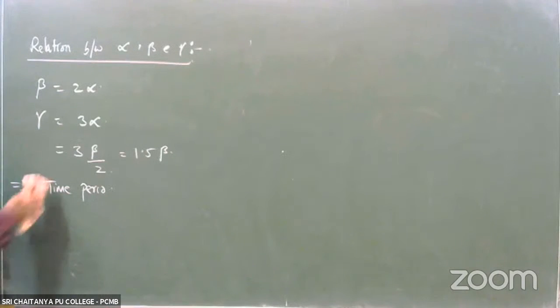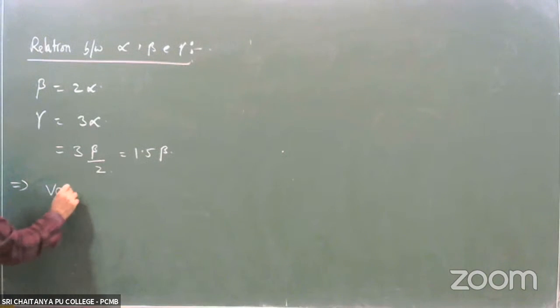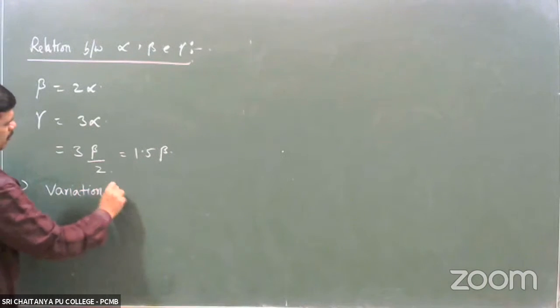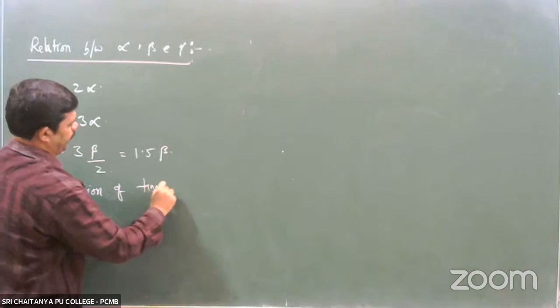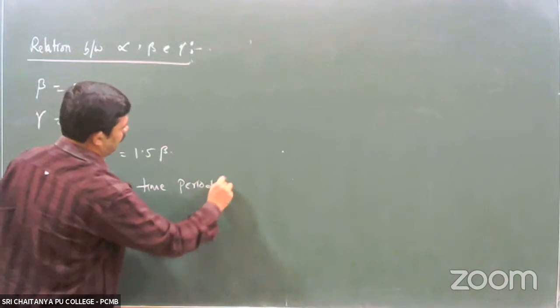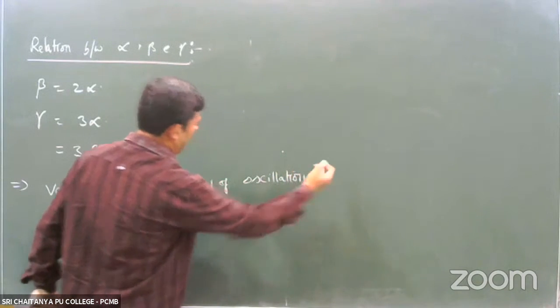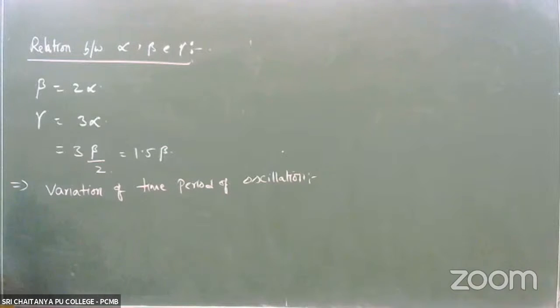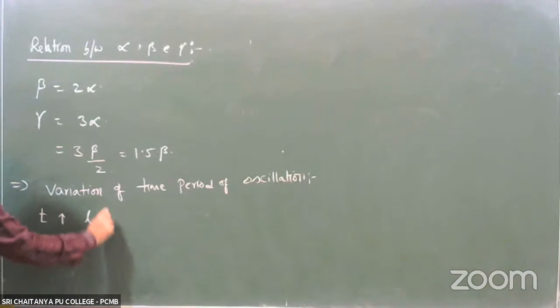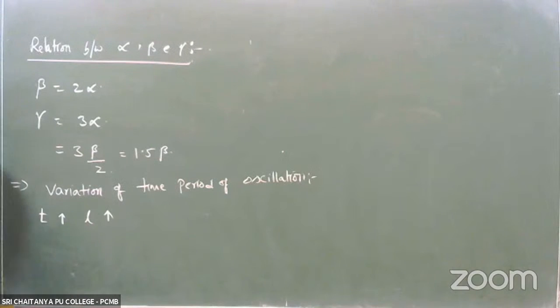How does the time period of oscillation of a pendulum vary with temperature? Already we discussed it. See, whenever temperature increases, the length of the pendulum increases, then the time period increases.